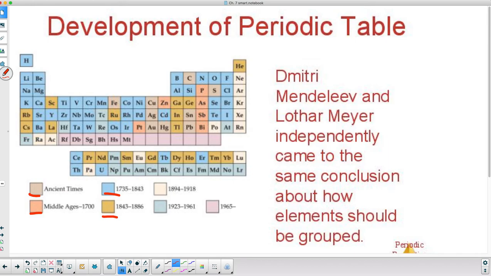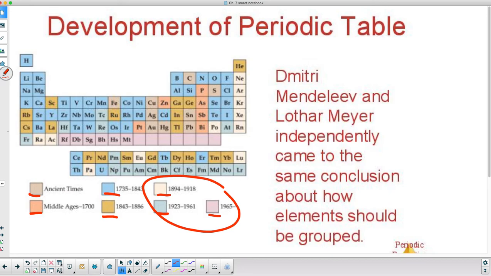These are the ones discovered afterwards, and these are the ones discovered afterwards here. Notice that that's not a huge amount on the periodic table. Most of the ones that you are familiar with were known by the time Mendeleev had done his work to create the first periodic table.